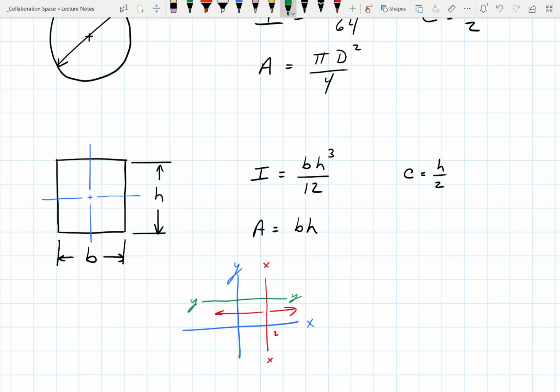Okay, so ideally when they do this, this is I of yy, and it's any y up and down that rectangle. Make sense? And when they do x, it's any direction left or right on that rectangle. Okay? Cool. Now, I said rectangle 3 times, I got a square up there. Is there any difference between a rectangle and a square outside of the basic geometry? We're going to use the same equation, and everybody's happy. Okay? So cool.